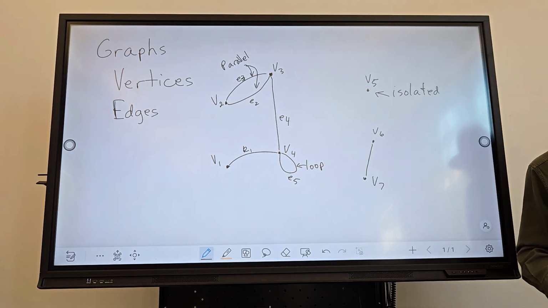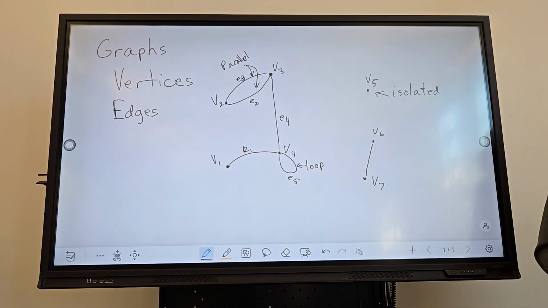So some definitions here. I'm going to read the formal definitions. A graph G consists of two finite sets: a non-empty set V of vertices, and a set E of edges, where each edge is associated with a set consisting of either one or two vertices called endpoints.